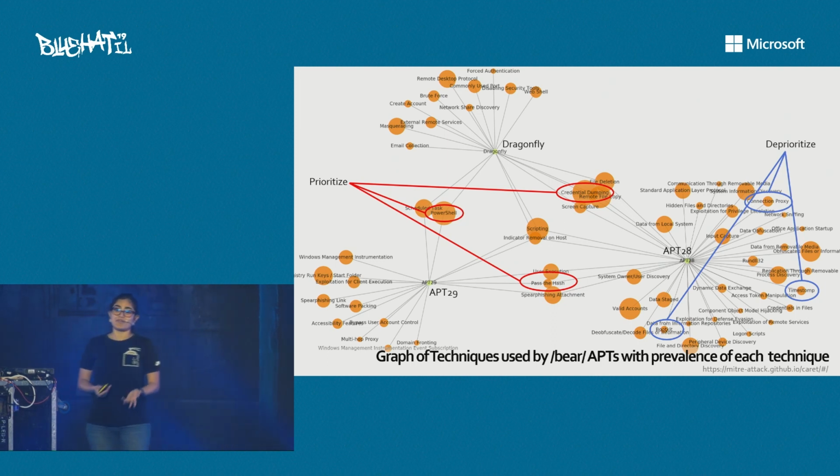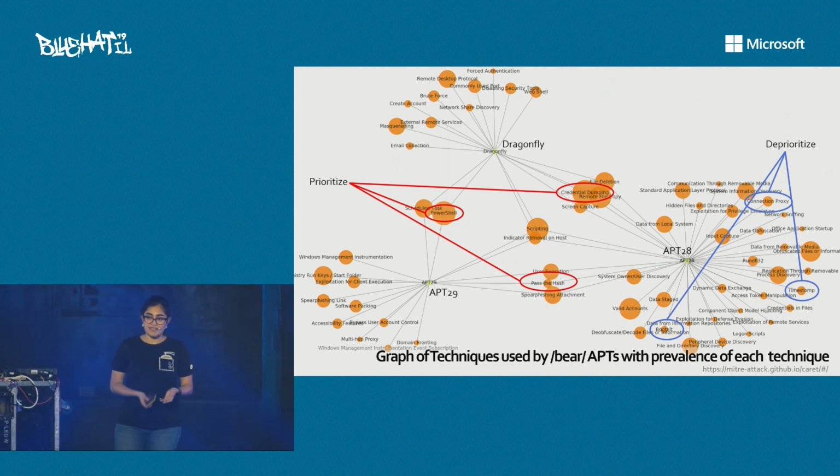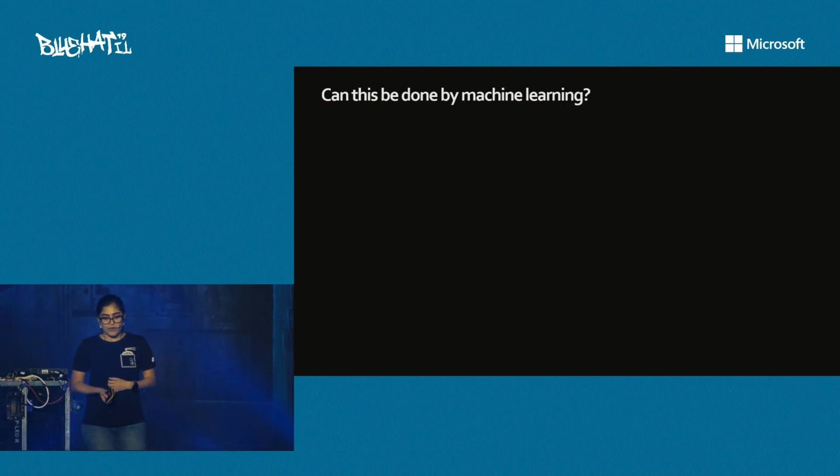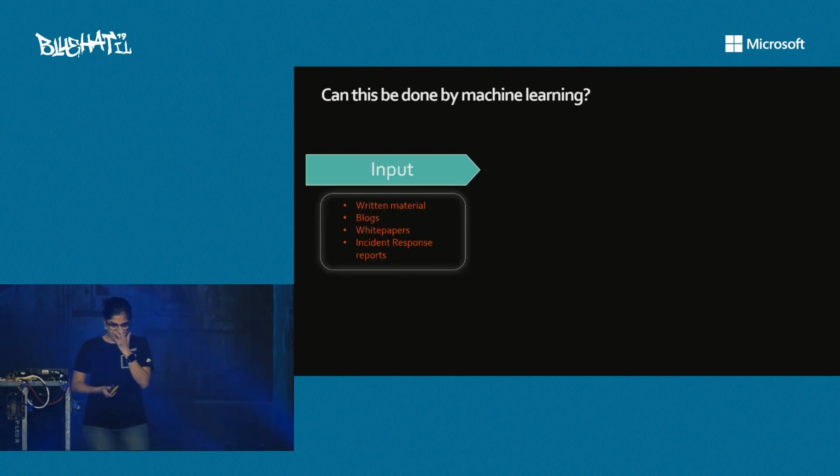So this is the kind of manual work that TI analysts do. And what we're going to try and think about is, what if this was as automated and as easy as IOC feeds are today? So can we do this with machine learning? That was the question I was trying to answer.